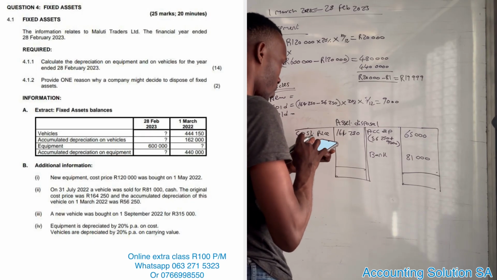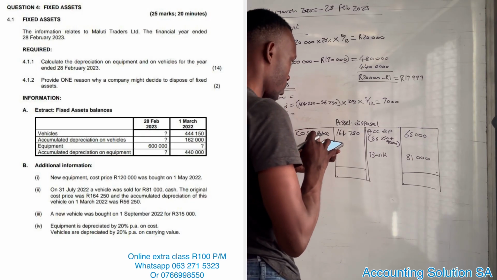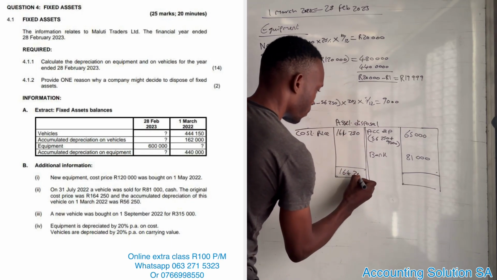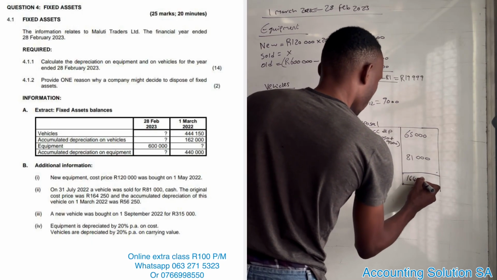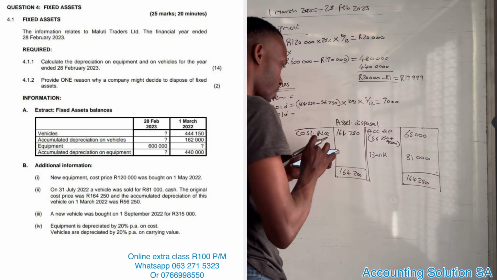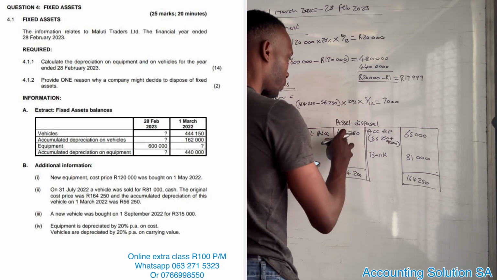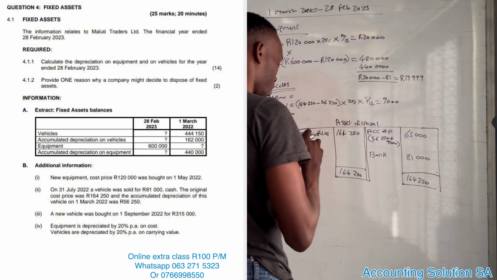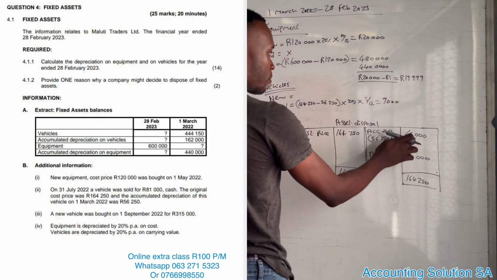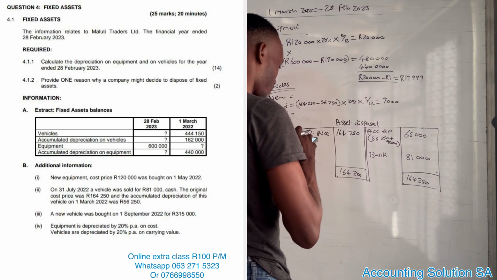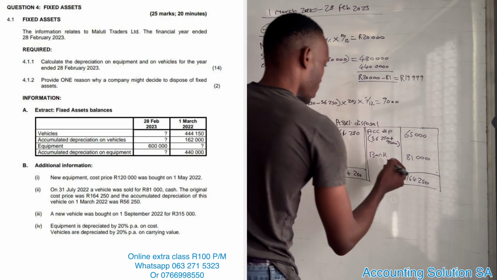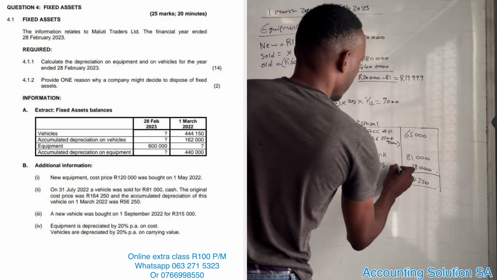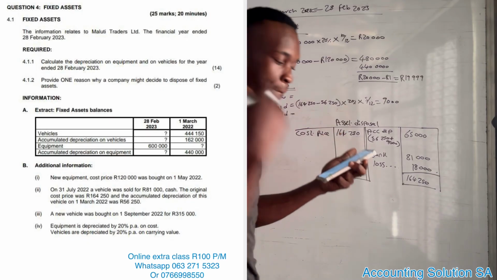Plus 81,000 is 146,250, which means that the higher one is this one, 164,250, and you subtract everything on this side: 164 minus 81 minus 65. We have a loss of 18,000. Loss on sales of assets. If it was on this side, it would be a profit.